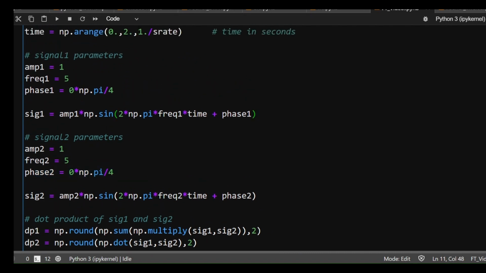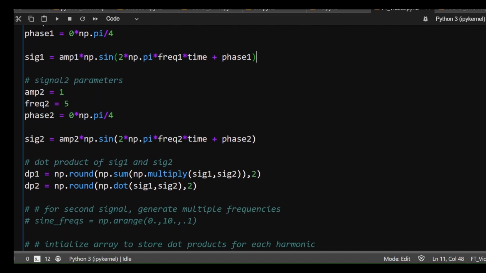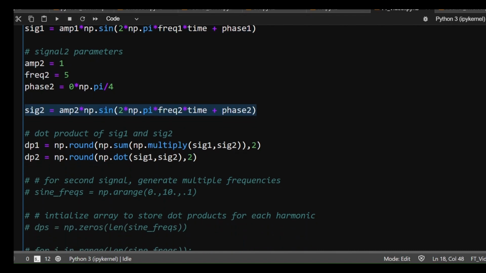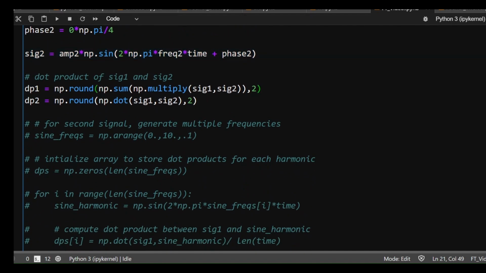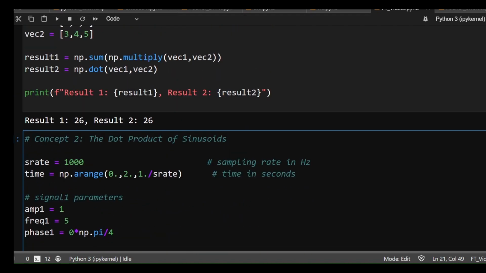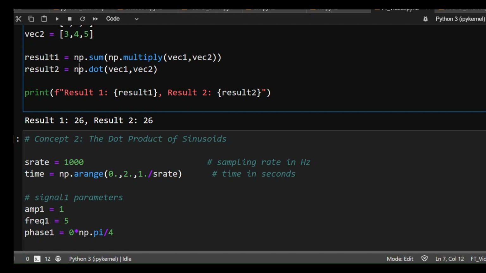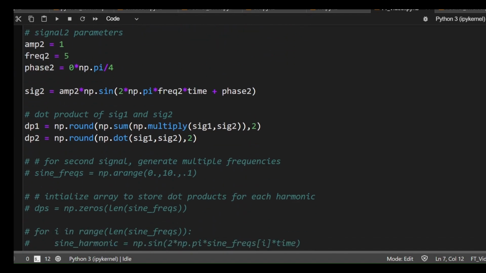So both the signals are basically identical. Again, I'm putting all these values inside a sine function and generating that signal. So both signal 1 and signal 2 are sinusoids having exactly the same frequency, phase, and amplitude. And I'm going to calculate the dot product by using the above two methods, which is using sum and multiply, as well as using the built-in function called dot product.